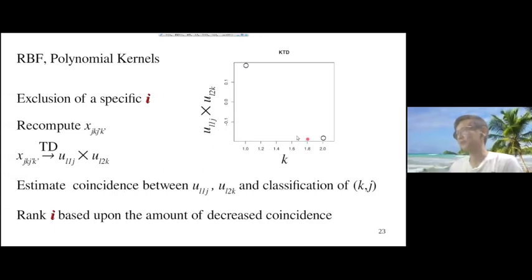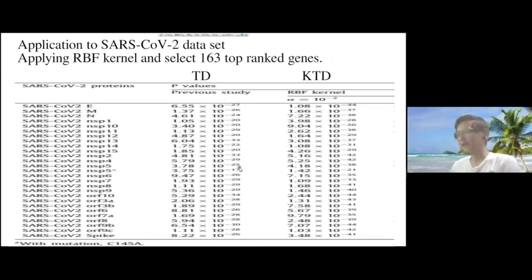I don't have enough time again to explain this, but this is the result compared to the tensor decomposition I just introduced. The kernelized one has a more advanced result, because the p-value computed by Fisher's exact test, which estimates the overlap between the selected 160 genes and the human genes known to interact with SARS-CoV-2, is clearly improved.